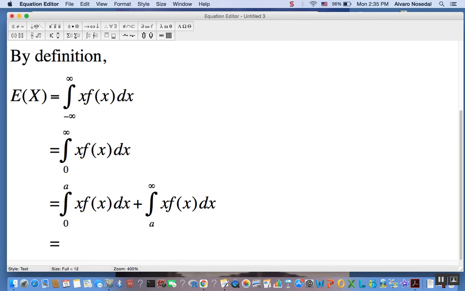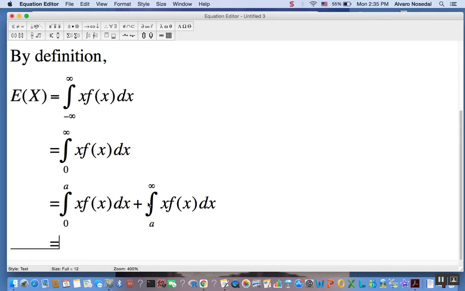Now we know that the random variable X assumes only non-negative values. So these two integrals are going to be positive.